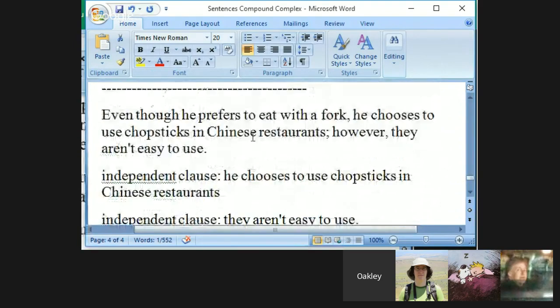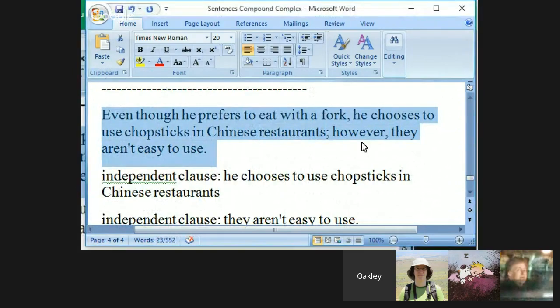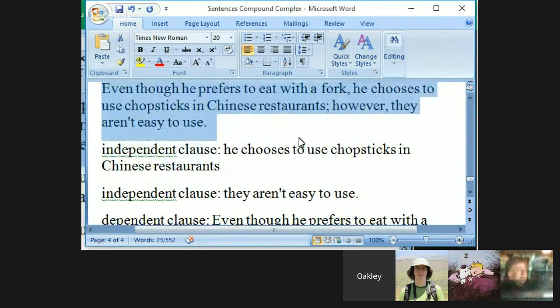Okay, here's another one. Even though he prefers to eat with a fork, he chooses to use chopsticks in Chinese restaurants. However, they aren't easy to use. There are a couple of other elements here that we haven't looked at yet.